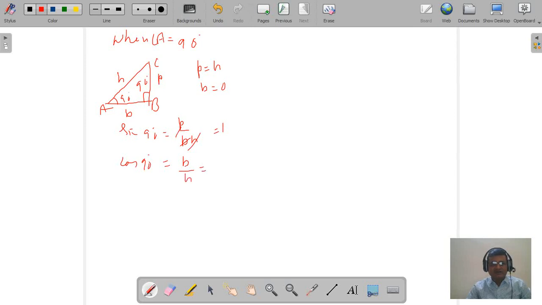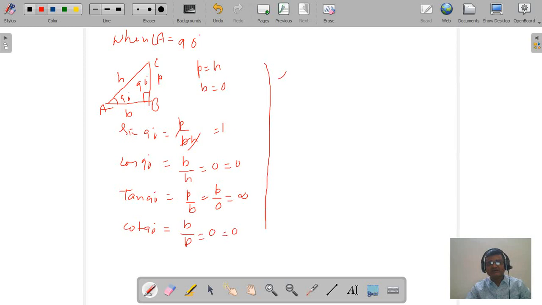Since base is 0, cos 90 is 0. Similarly, tan 90 degrees is perpendicular upon base, so it is H upon 0, which is tending towards infinite. Similarly, cot 90 degrees is base upon perpendicular, so here base is 0, so this is going to be 0.